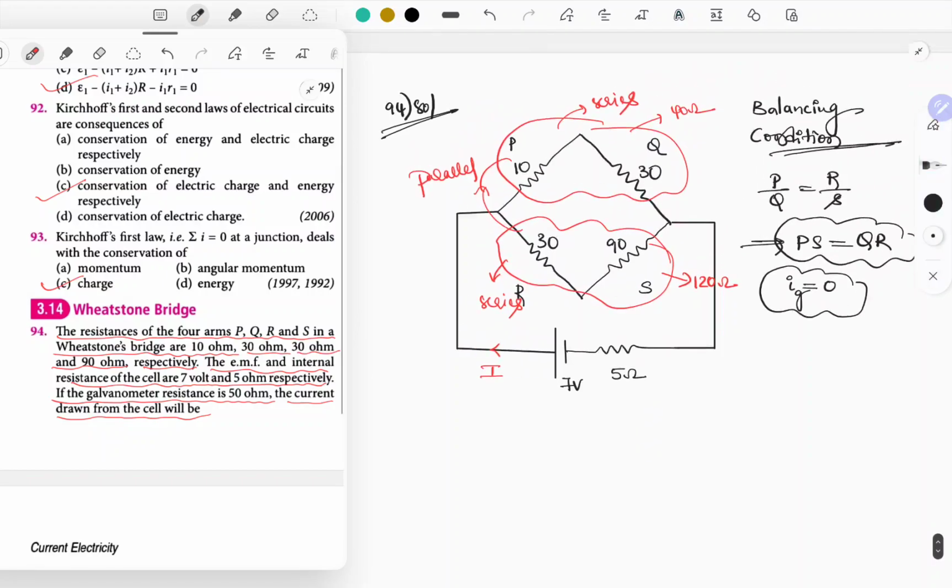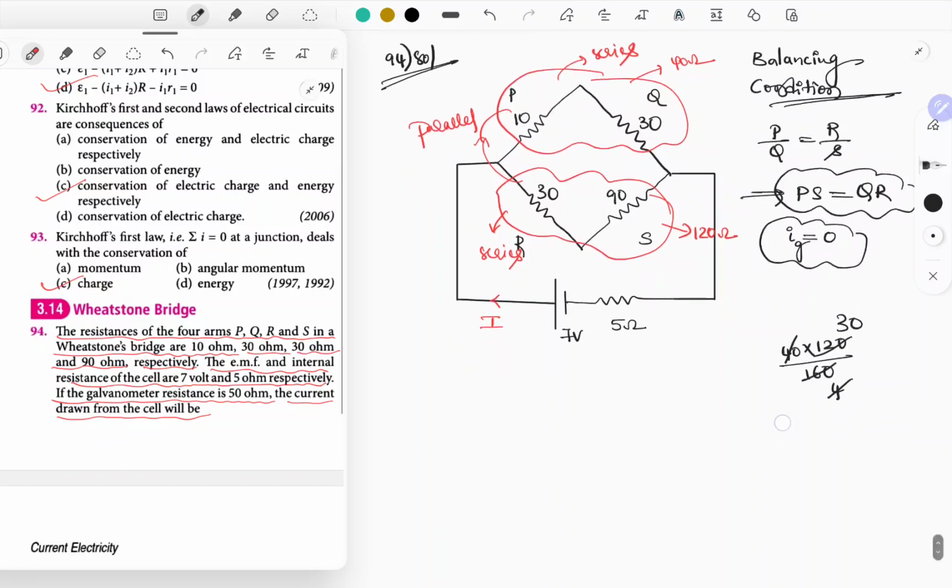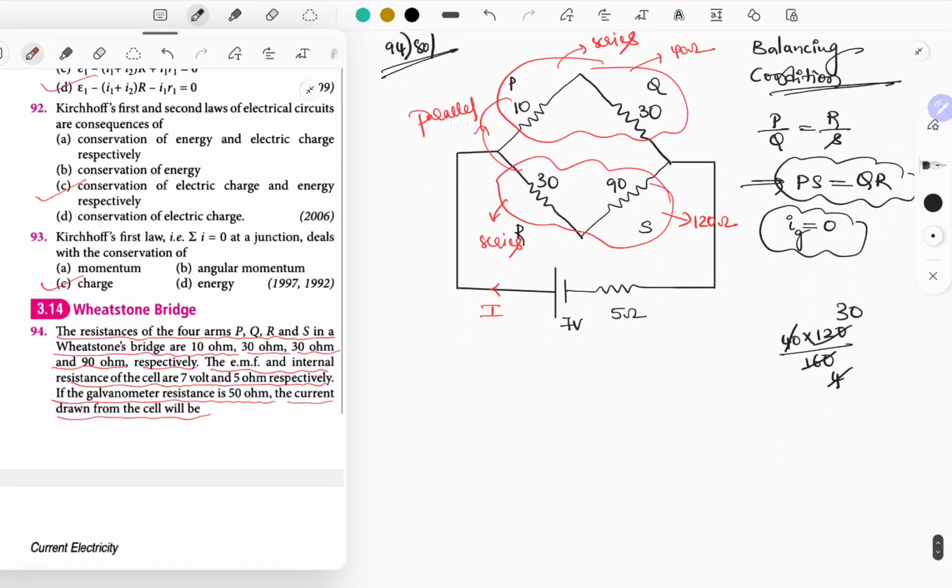What's the resultant of the parallel combination of 40 and 120? It is 40 into 120 divided by 40 plus 120, which is 160. That gives 30 ohm. That's how we find the equivalent resistance.